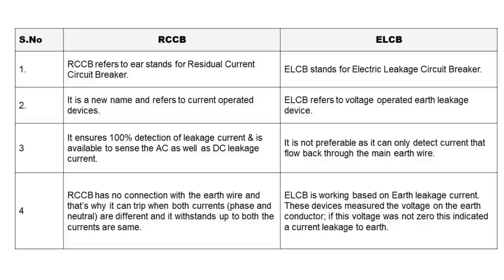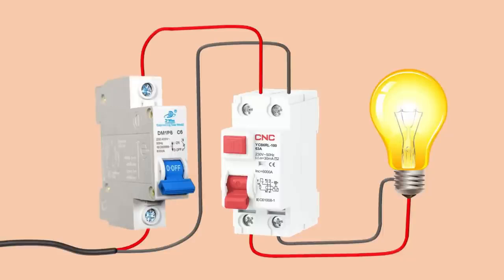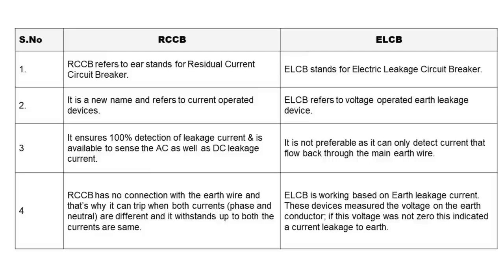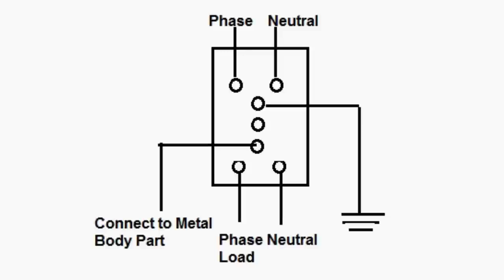First we will talk about RCCB. This RCCB we use is a device which operates on current. And when we perform the connection of RCCB, then we have to only use phase supply and neutral supply. But this ELCB we use, this device operates on voltage. And when we go for performing connections of ELCB, then we have to connect phase supply, neutral supply and earthing wire also.